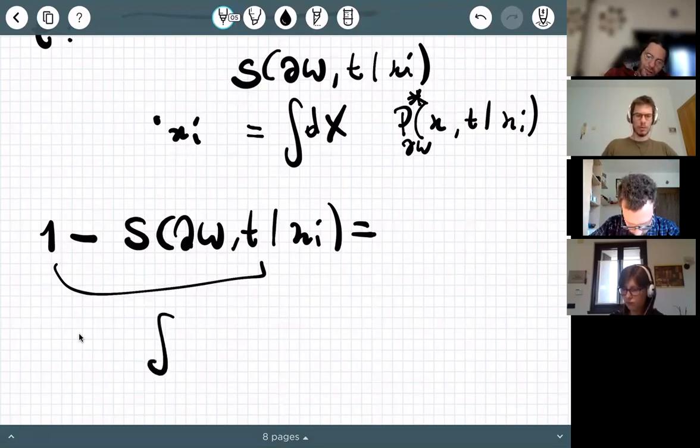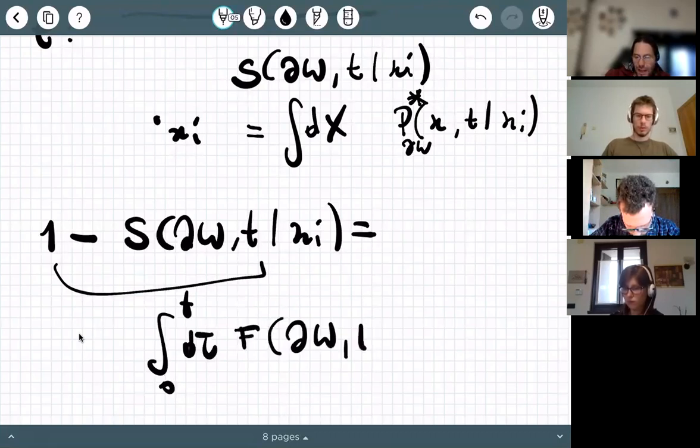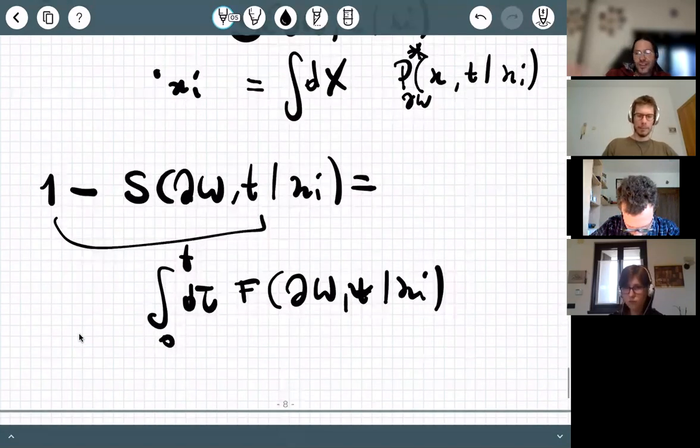And this is therefore the integral between 0 and t in d tau of the probability of touching the fence for the first time at time tau, right? This is the first passage time distribution.